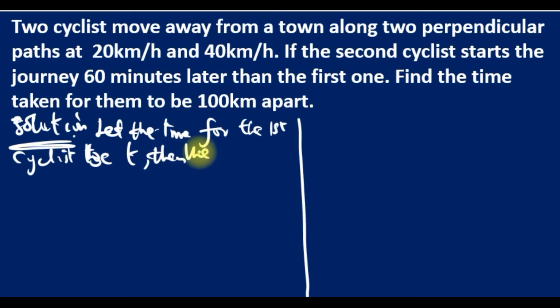Then the second starts 1 hour later. Remember, the time is in hours, so we convert 60 minutes to 1 hour. So the second one starts 1 hour late, so then the second is t minus 1. Do you get the logic? It is 1 hour late.